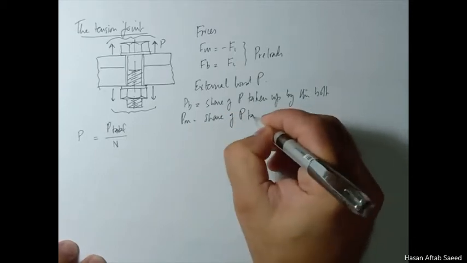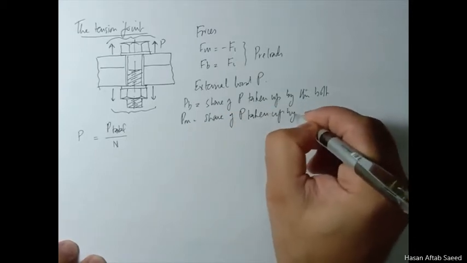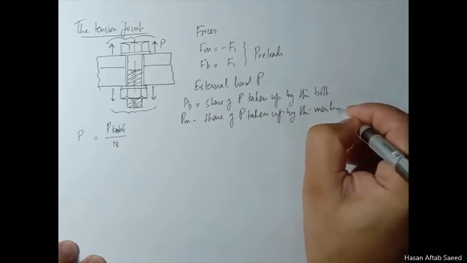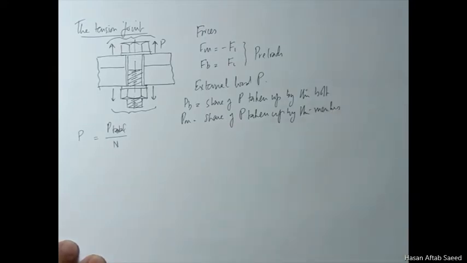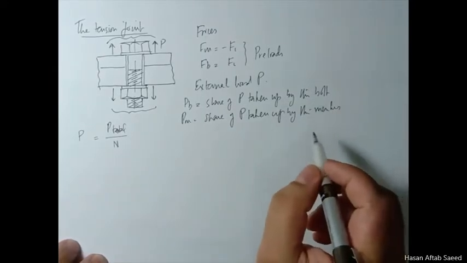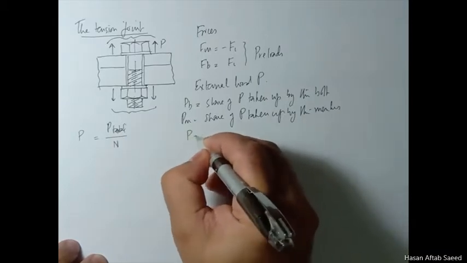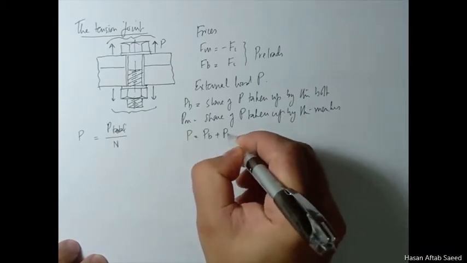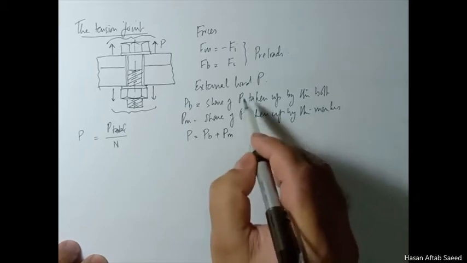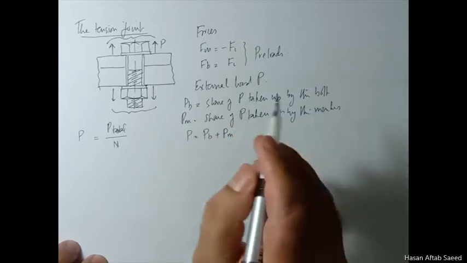Share of P taken up by the members, PM. Now one thing we know from the start, that P must be equal to PB plus PM. The two shares must equal the total load P.